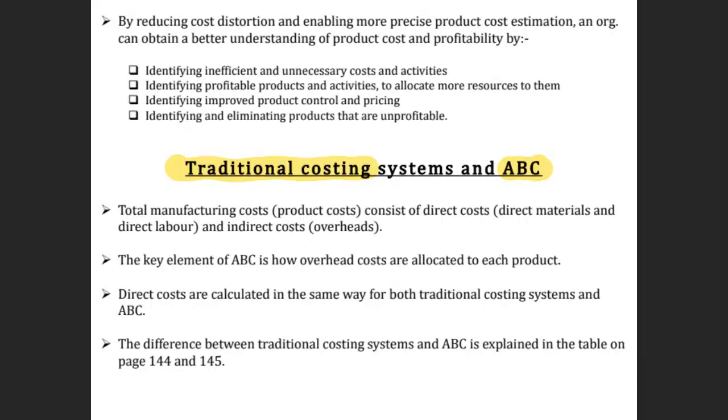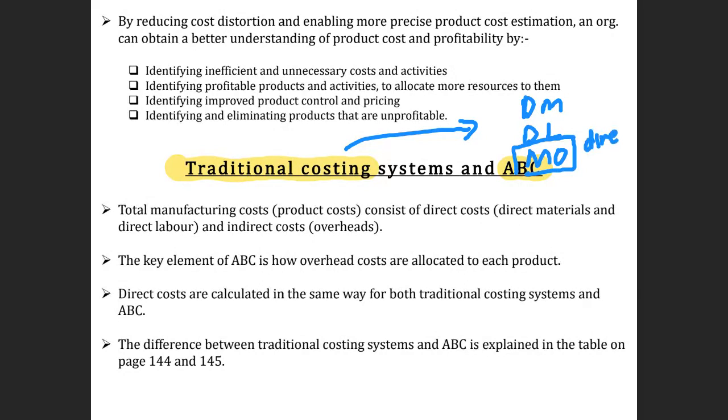Under the traditional costing method, this is pretty much what we did just now in the other example. It is looking at how to calculate a traditional cost by taking the direct material plus your direct labor plus your manufacturing overhead. Because we are looking at assigning overhead costs, it's very similar.